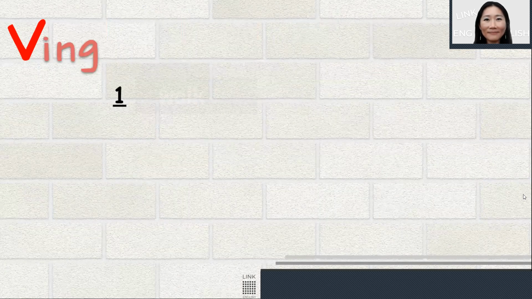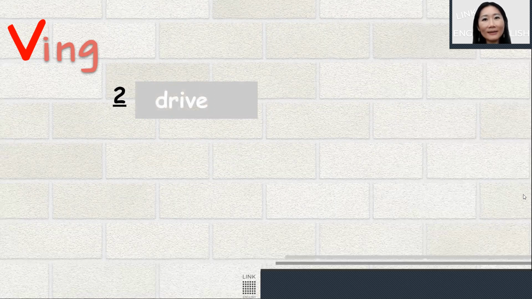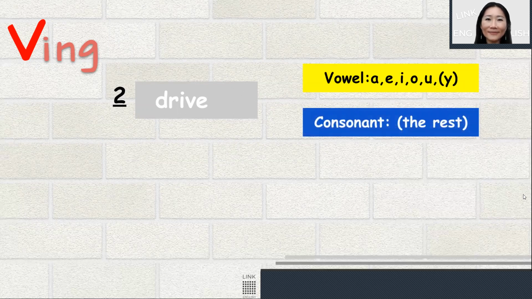Rule number 1. Let's look at this verb, walk. Usually we just add ing, so walk becomes walking. Rule number 2. Look at this one, drive. Do you know which one is consonant letter and which one is vowel letter? Do you remember vowel letters are A, E, I, O, U, and sometimes Y. And the rest of them are consonant letters.